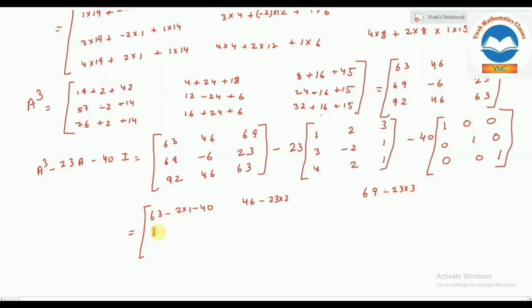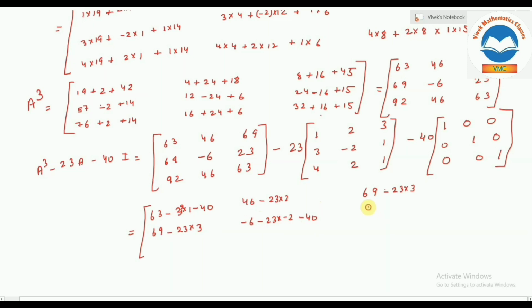Second row, you will get 69 minus 23 into 3. So here what I have written, 23 into 1, so this was 23. Next, minus 6 minus 23 into minus 2, and here you will get minus 40.